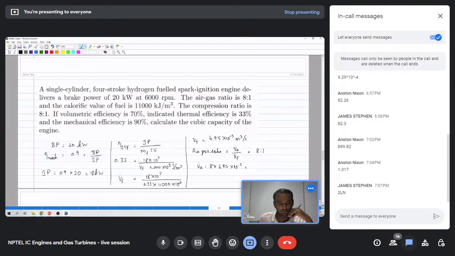So this is 39.6 into 10 to the power minus 3, again in meter cube per second.